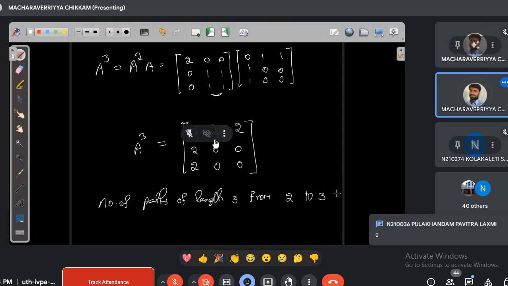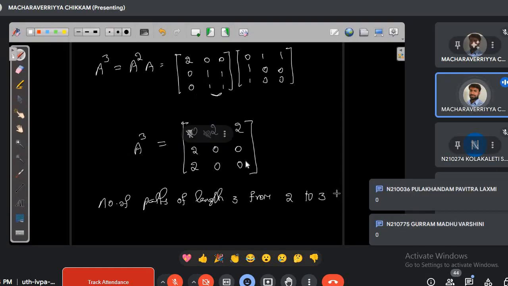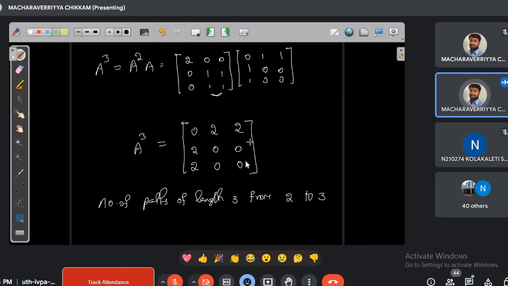It is 0, because you see what the 2 3 position is. Where is it? Here. So this is the 2 3 position, right? So the 2 3 entry is 0. So the number of paths of length 3 from 2 to 3 is 0.